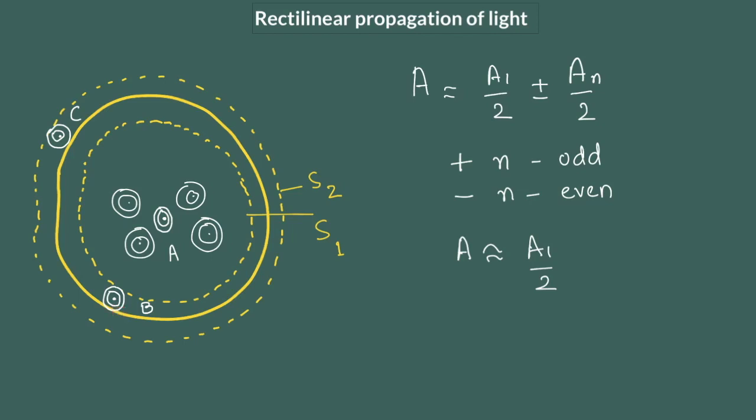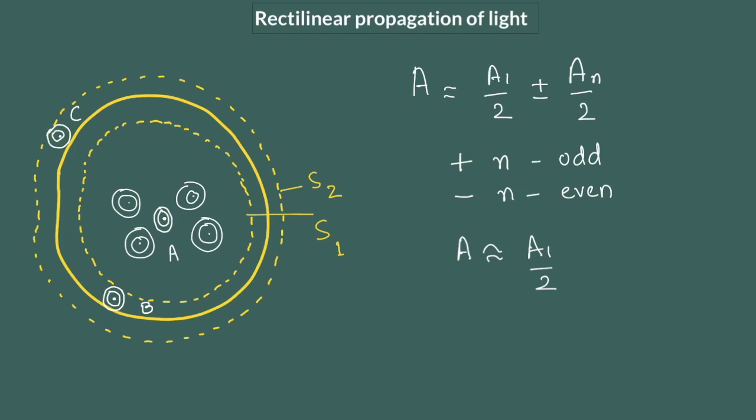So if the number of zones in this region, meaning from the pole to the edge of the aperture, is odd, the point will be of high intensity. If the number of zones is even, the point will be of lower intensity. So here diffraction will actually happen, and this will only follow approximate rectilinear propagation of light.